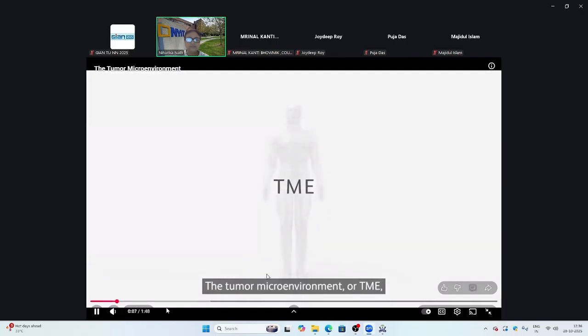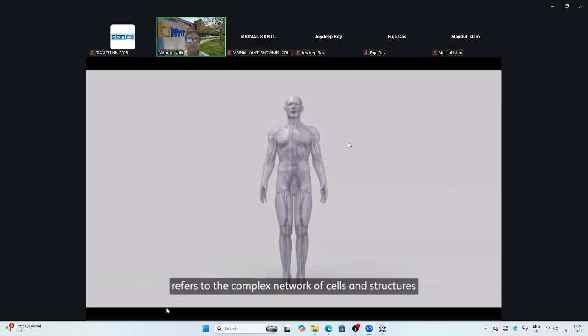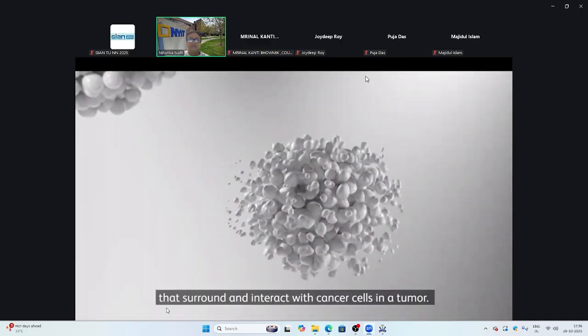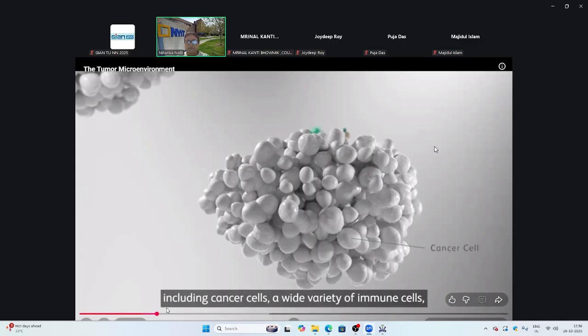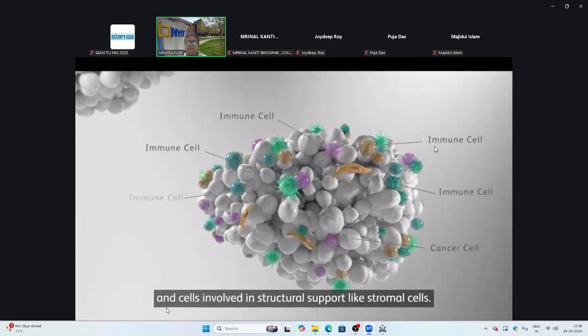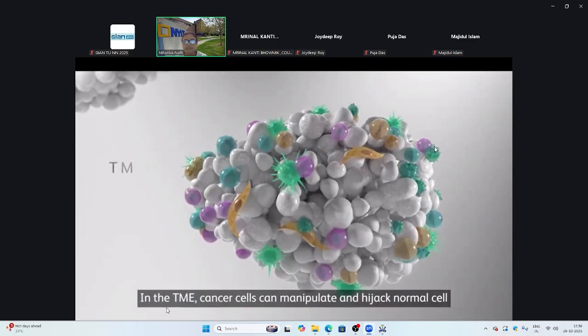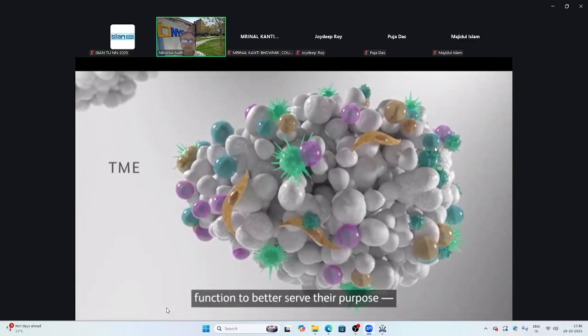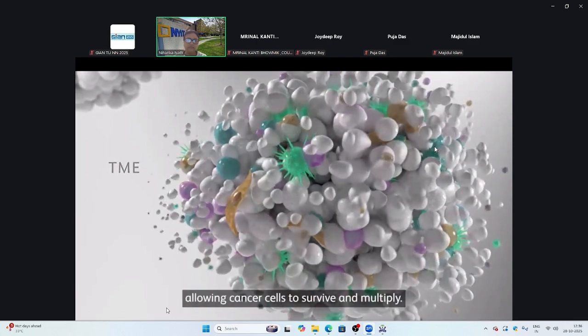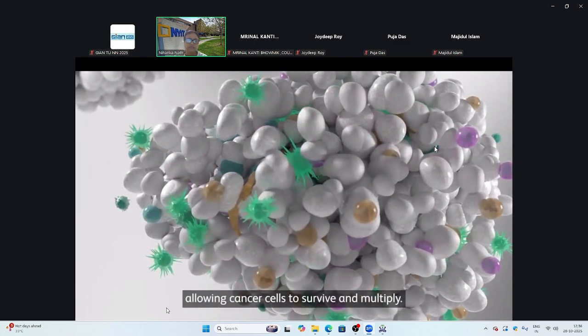The tumor microenvironment, or TME, refers to the complex network of cells and structures that surround and interact with cancer cells in a tumor. The TME is comprised of many different cell types, including cancer cells, a wide variety of immune cells, and cells involved in structural support like stromal cells. In the TME, cancer cells can manipulate and hijack normal cell function to better serve their purpose, allowing cancer cells to survive and multiply.